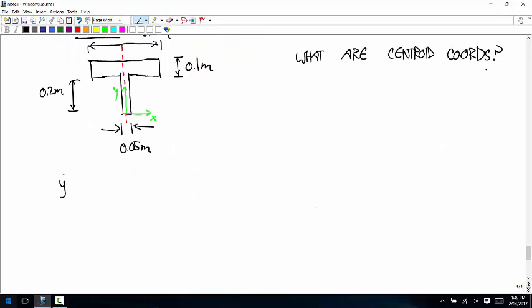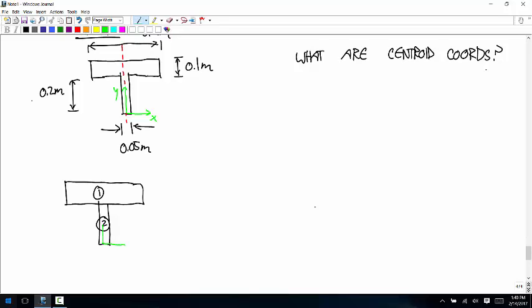So let's break this up into two pieces: the top piece and the bottom piece. I'll call this 1 and this 2.